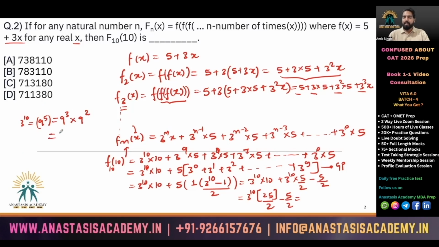So I know 9 cube is 729 and 9 square is 81. I can easily find this value. It would be 59049. This is the value of 3 raised to the power 10.